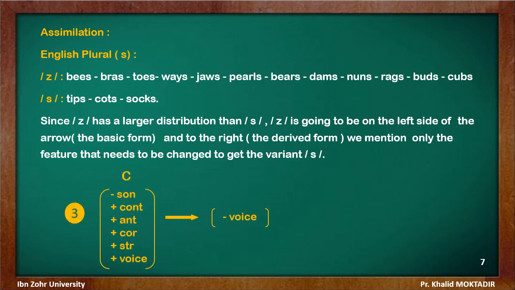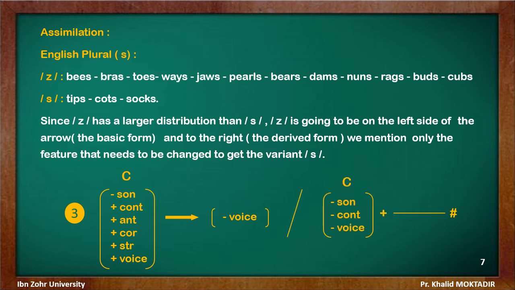Since the variant Z has a larger distribution than S, Z is going to be on the left side of the arrow. That's the basic form. And to the right of the arrow, we're going to have the voiceless form, the derived form. So we mention only, and I'm stressing this again and again, the feature that needs to be changed to get the variant S.